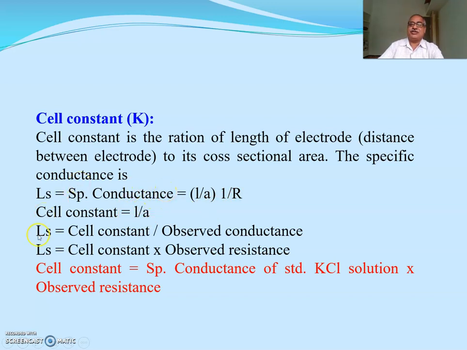So the equation becomes: specific conductance equals cell constant multiplied by observed conductance, where observed conductance is 1 upon the observed resistance. Equivalently, specific conductance is the cell constant divided by the observed resistance.